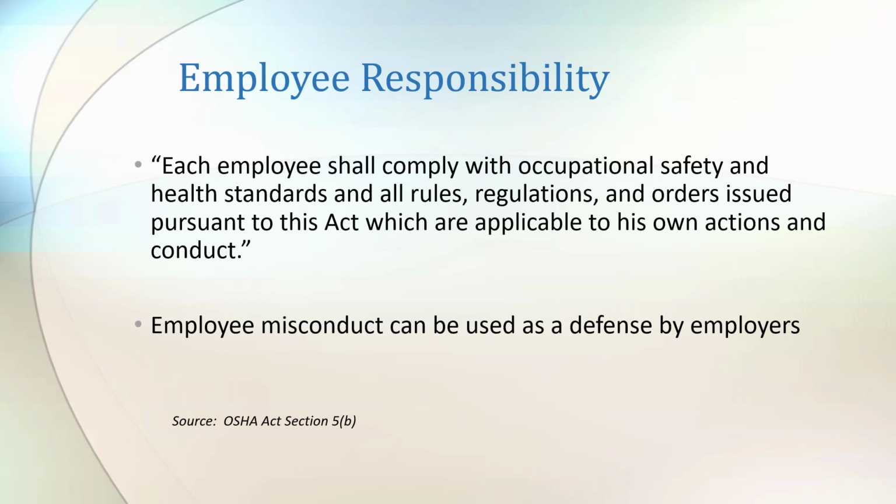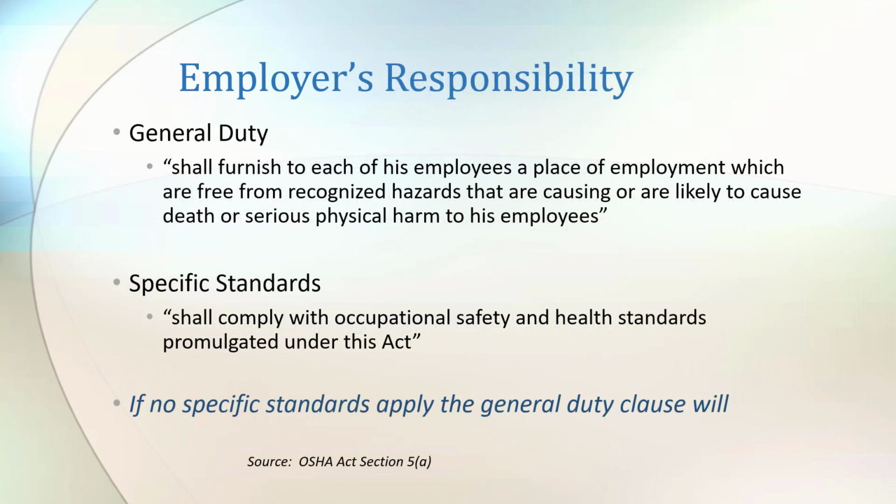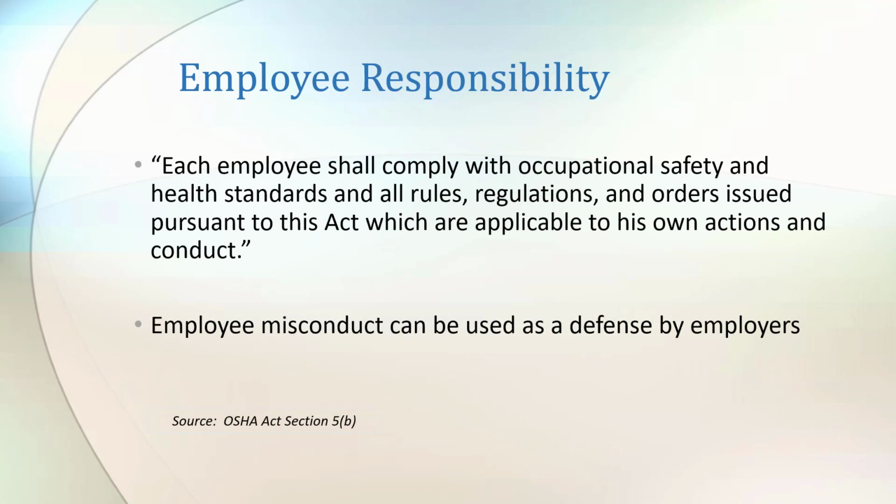But again, going back one slide, the employer's responsibility is to furnish the employee a place of employment that is free from recognized hazards. Recognized hazards is that key word. The employee has to then follow the OSHA standards, and they can be punitively punished if they do not.